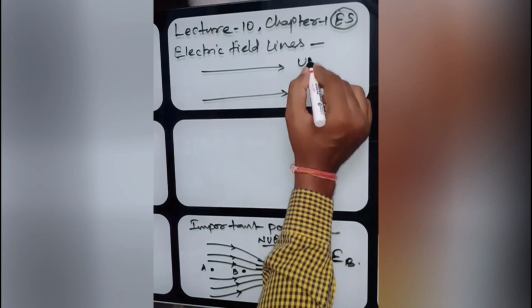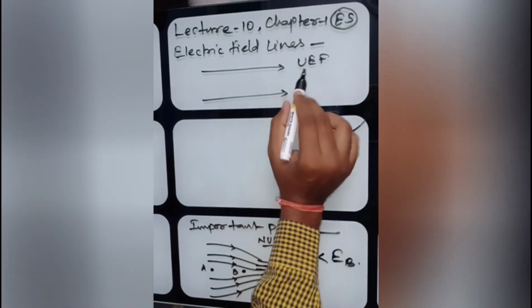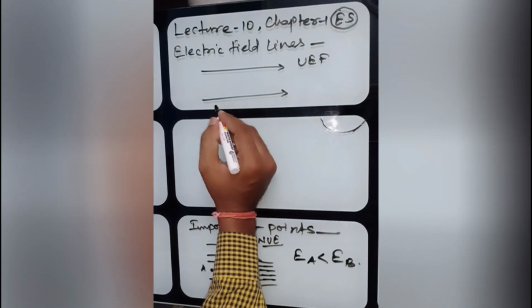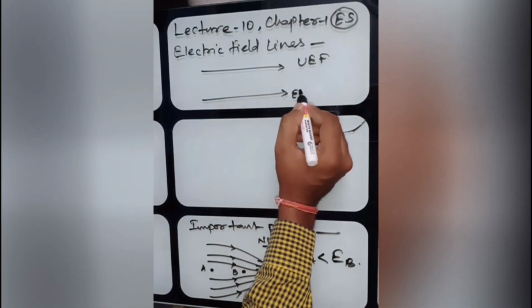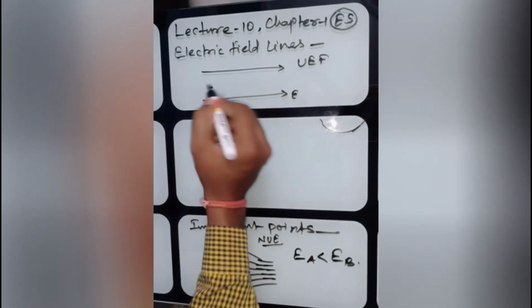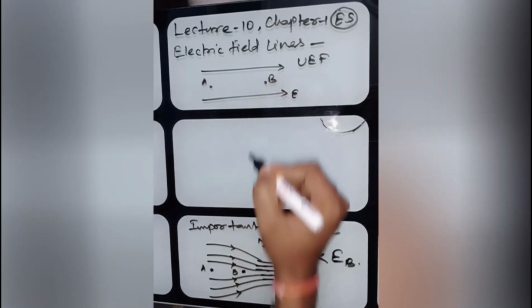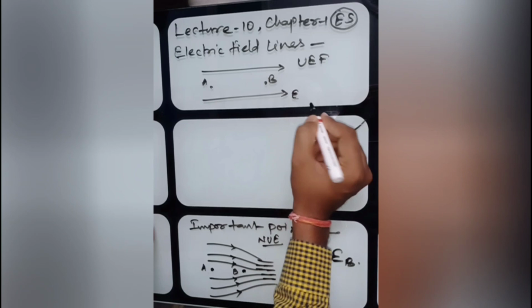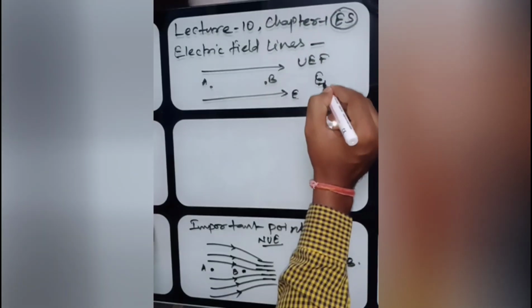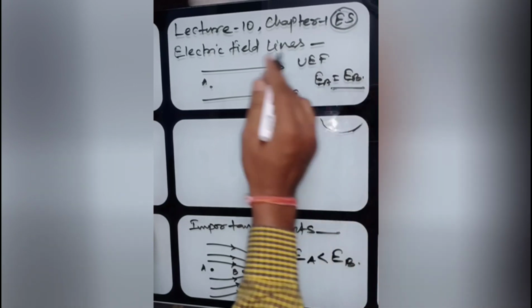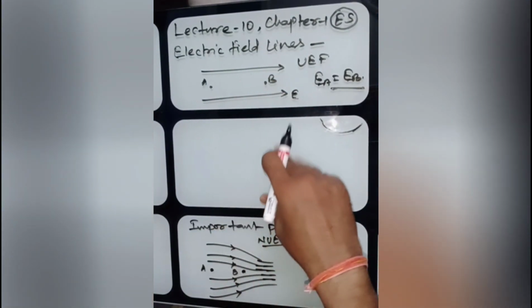Taking two points here, point A and point B, the strength of electric field at point A is equal to the strength of electric field at point B in case of uniform electric field.